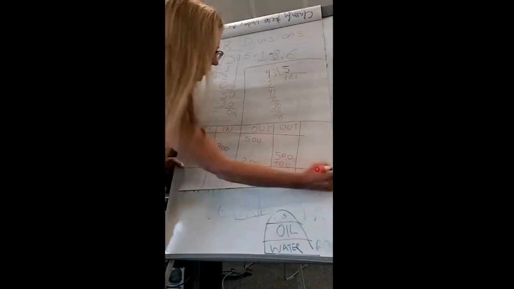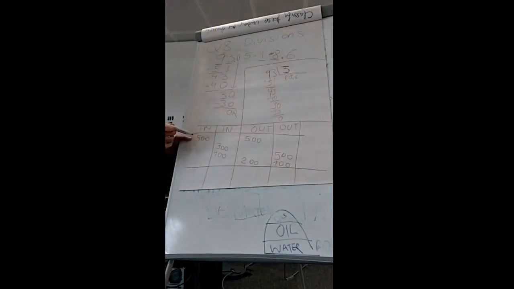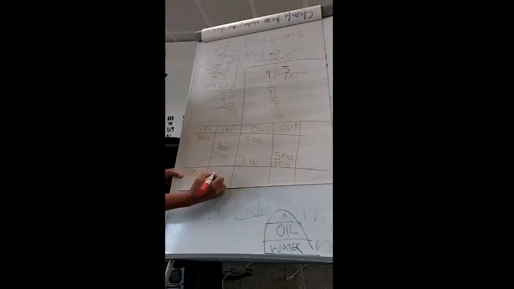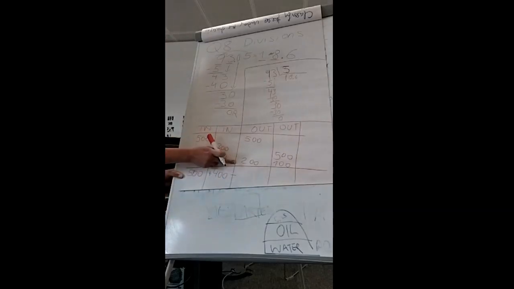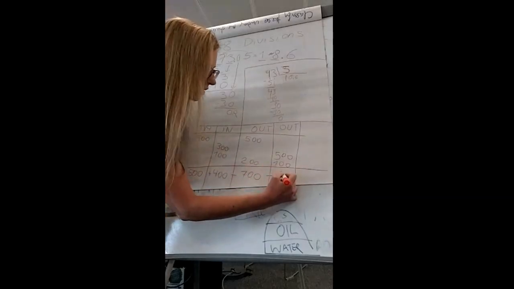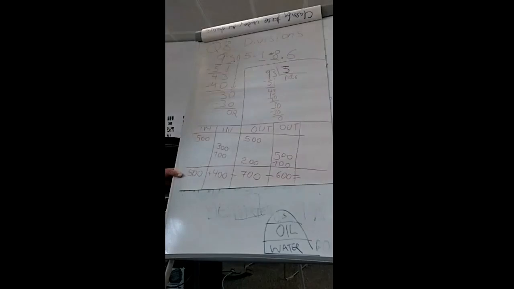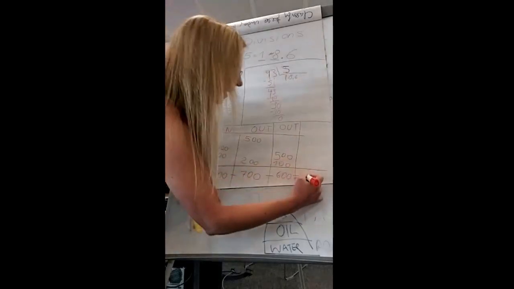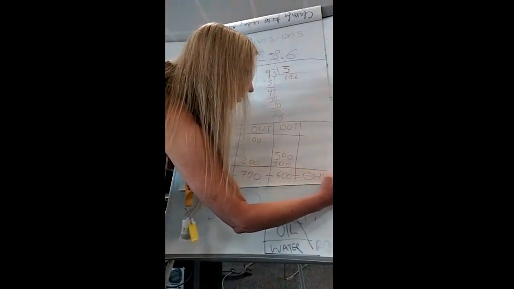Okay, so let's count together. 500 plus 400 minus 700. 700 minus 600. How much is that? 900 plus. Then 200, 400, 400, 200, minus 400. Yes, very good. Minus 400.